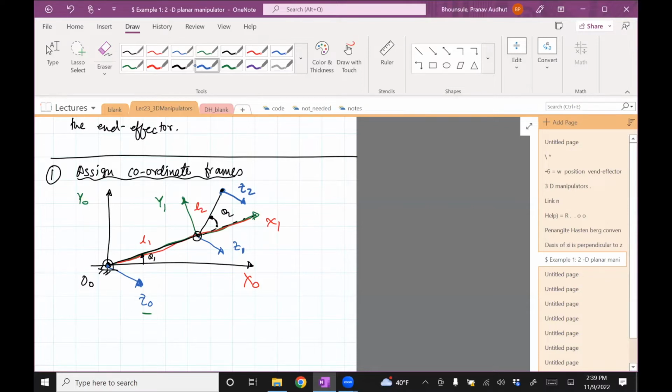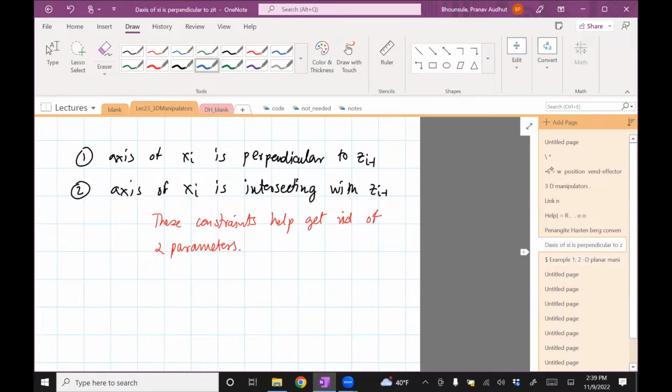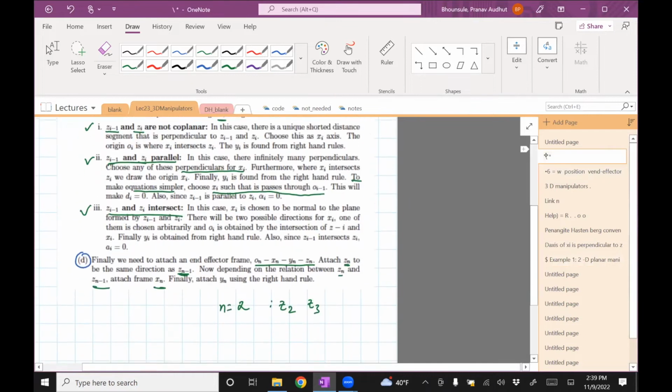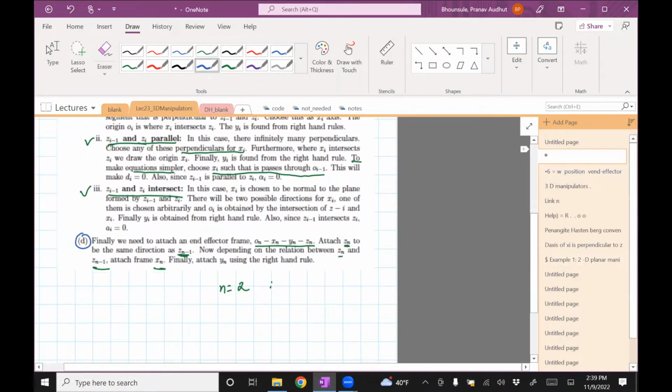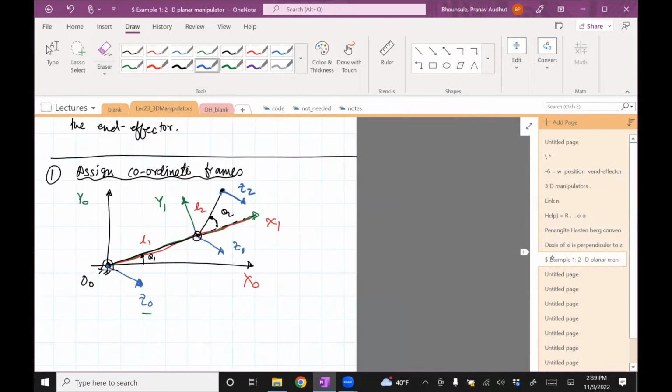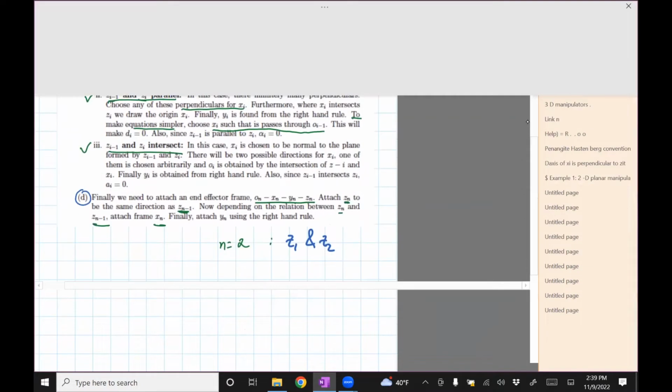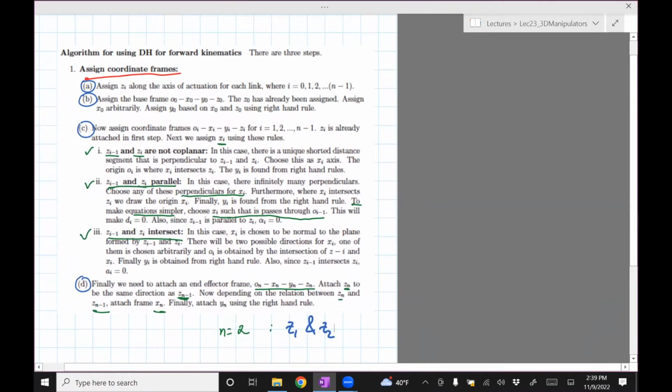And then we need to see the relation between z1 and z2. So I think I wrote it incorrectly here. So the relation between z1 and z2. If you look at z1 and z2, you see that they are parallel to each other, just like z0 and z1 were. And so you again go back to these cases and figure out what it falls under.